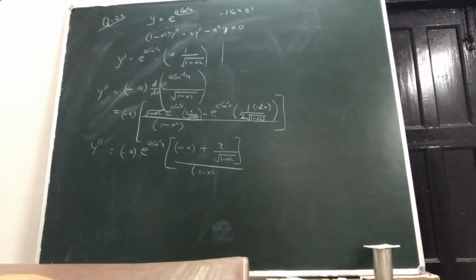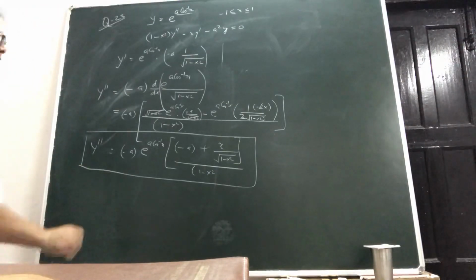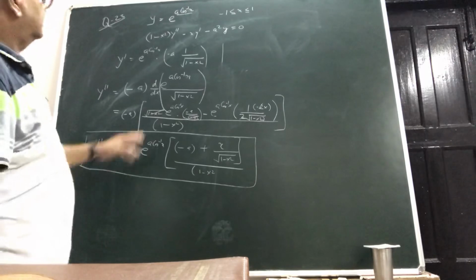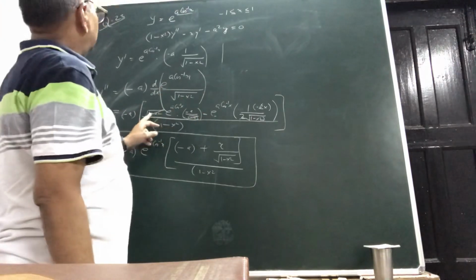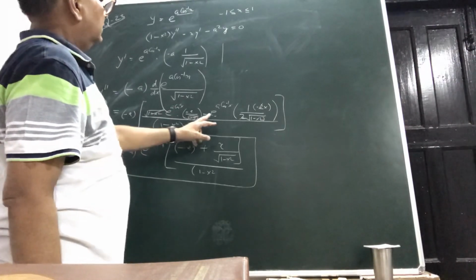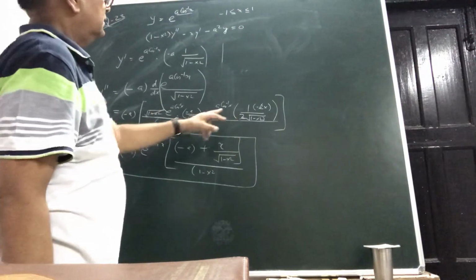So this is what you are getting here at place of y double dash, this much of thing. So let me further simplify it, if it can be further solved. Okay, minus a plus x upon this thing, y double dash, 1 minus x square. You are finding the derivative of this thing, under root 1 minus x square into a minus a this thing. Okay, minus this thing, derivative under root 1 minus x square.